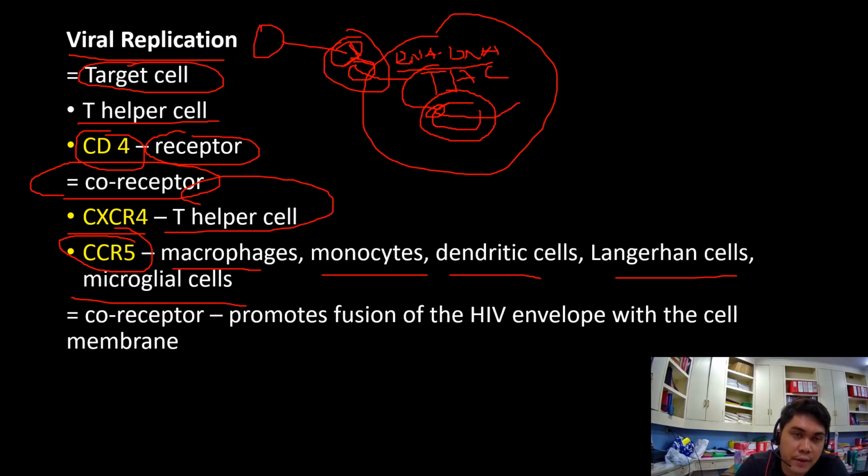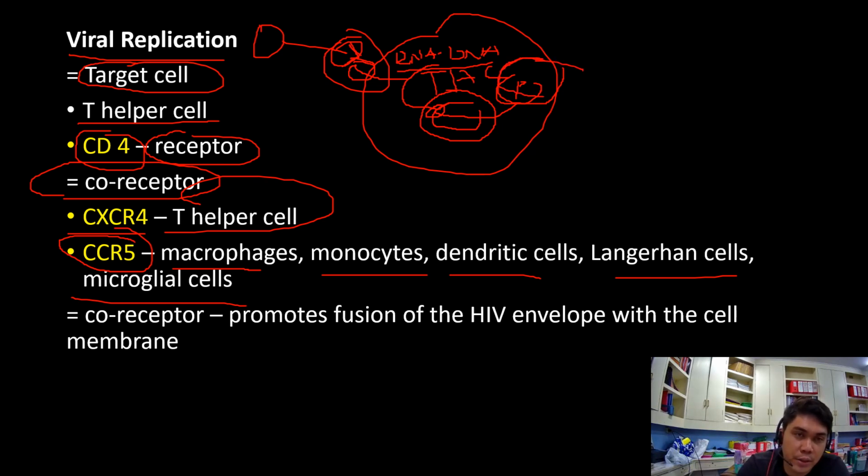Next is the enzyme protease. The function of protease enzyme is to form proteins that are important in the formation of a new variant. After the proteins important in the formation of a new variant are available, the next is budding.